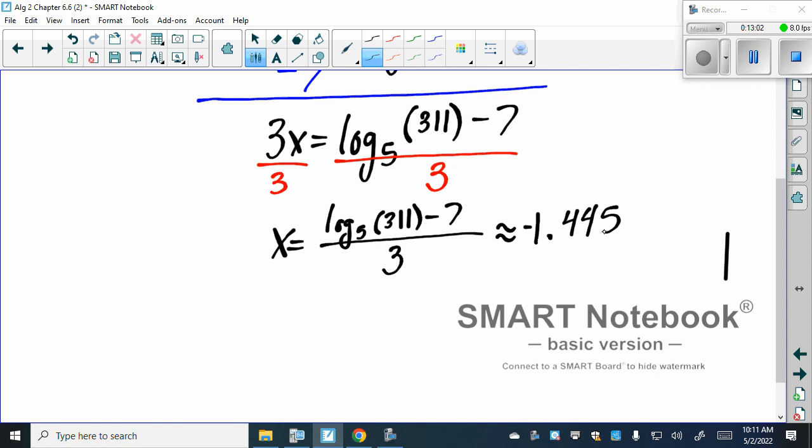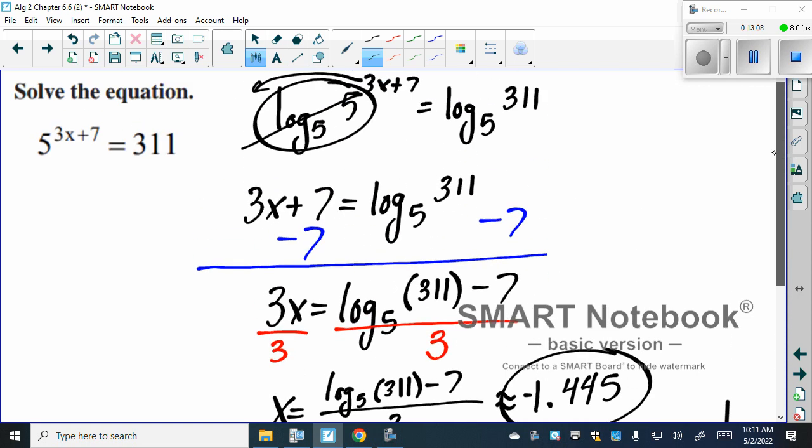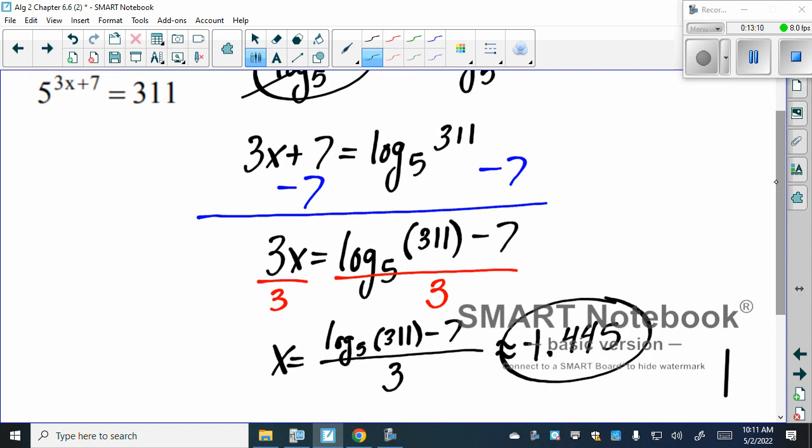And that looks right. And that'd be it. Now, again, we can have negative numbers in an exponent. Having a negative number in an exponent is perfectly fine. We cannot have 0 or a negative inside of a log as the final number.